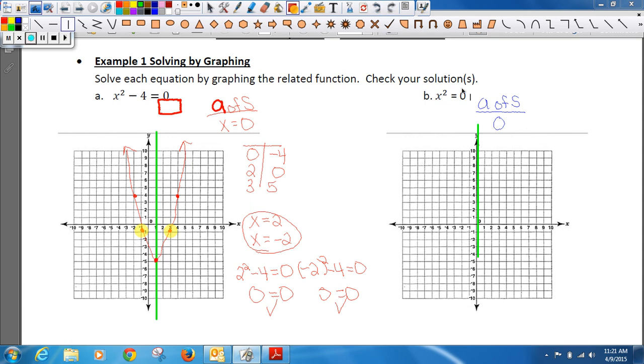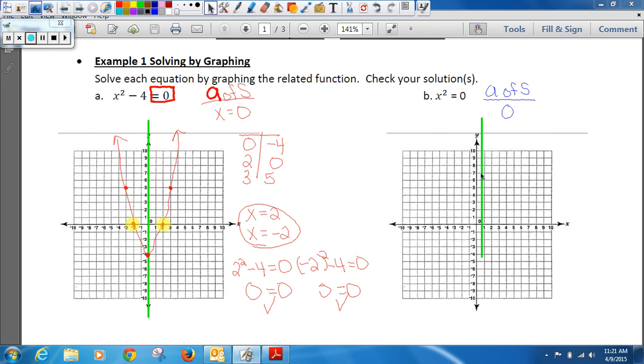So there's my axis of symmetry. I know my vertex point is going to be on that. So if I plug in 0, 0 squared is 0. I'm also going to use 1. 1 squared is 1. So my first point was 0, 0.